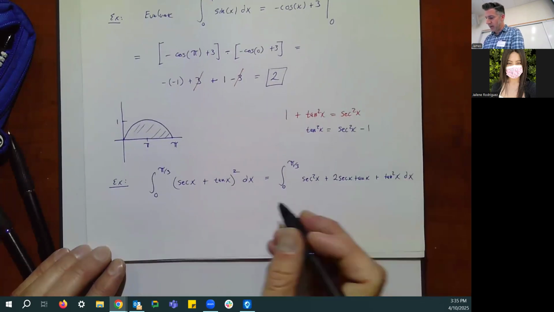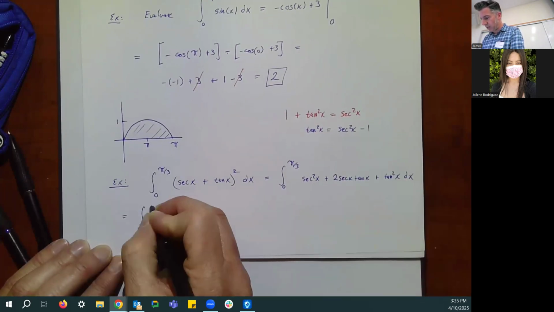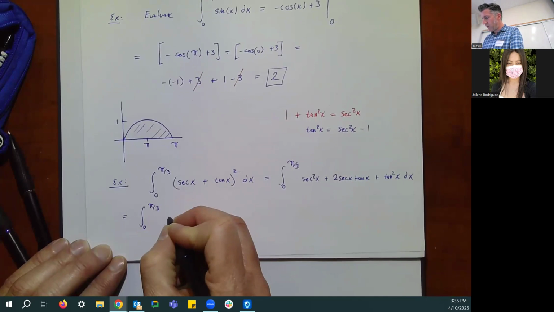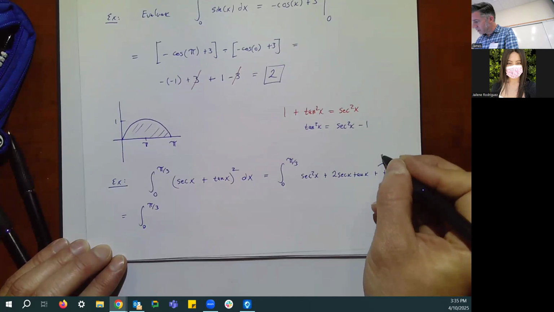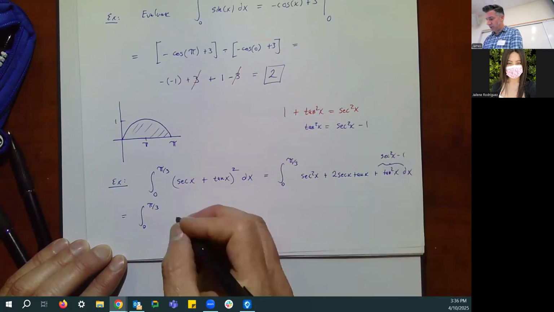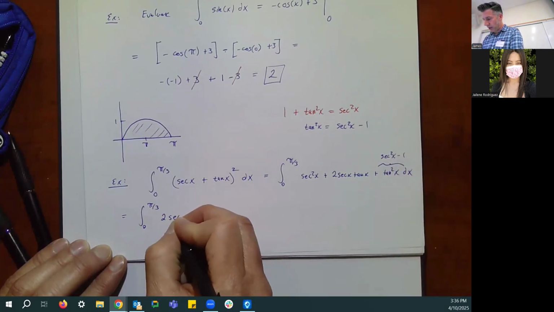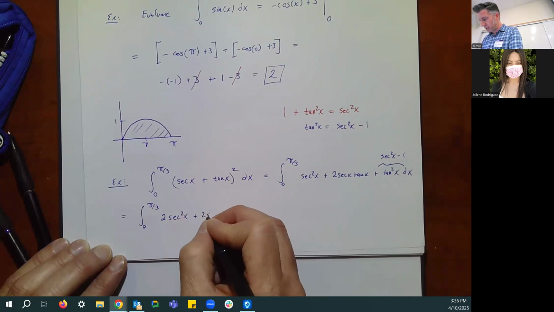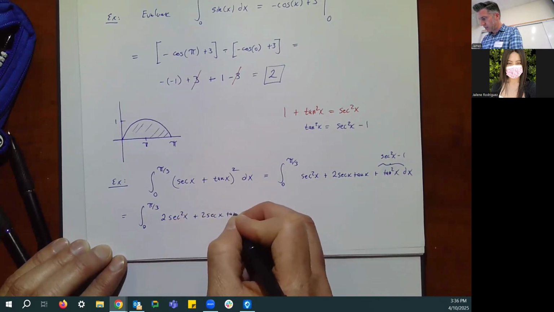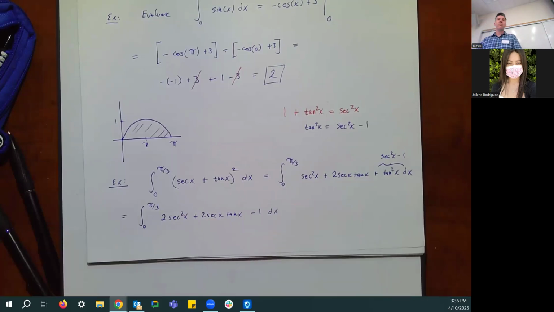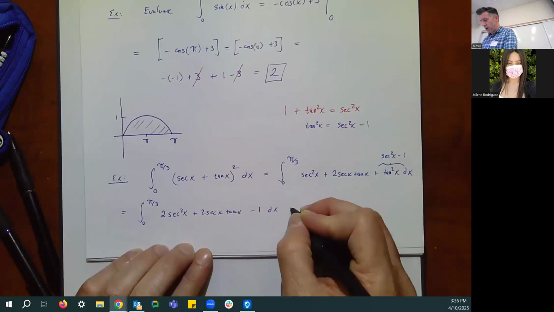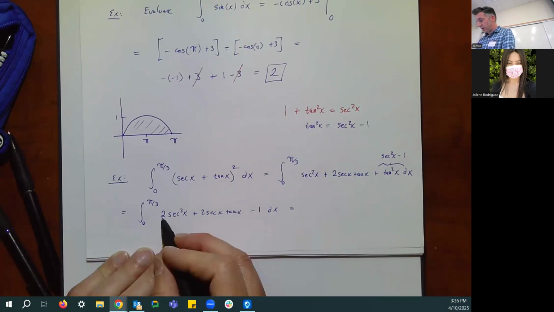So we're going to rewrite this as the integral from 0 to pi over 3 of secant squared x plus another secant squared x is really 2 times secant squared x plus 2 times secant x tangent x minus 1. Could you break this up into 3 integrals and pull out some 2's? Sure. Do you need to? Absolutely not.